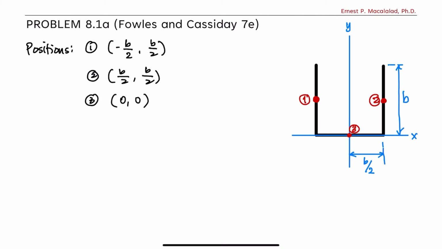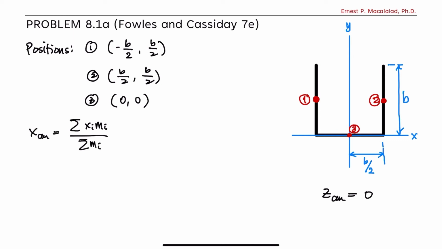So therefore, this problem is now reduced to a system of 3 discrete particles. Because this object is in the xy plane, the z component of the center of mass is equal to 0. The x component will be equal to the sum of xi mi over the sum of mi.